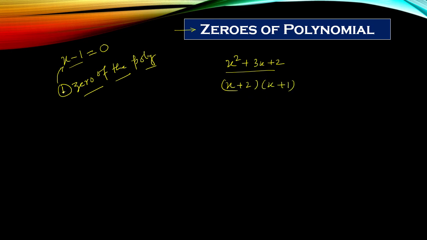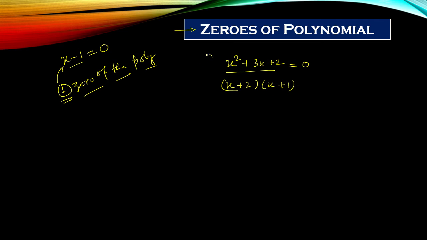The definition says that a number put in place of the variable, if the polynomial gets 0, is called a zero of the polynomial. If we equate the polynomial equal to 0 and then get the value of the variable, this is also a zero of the polynomial.